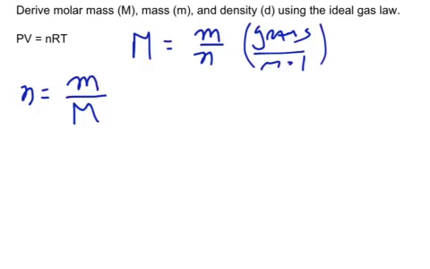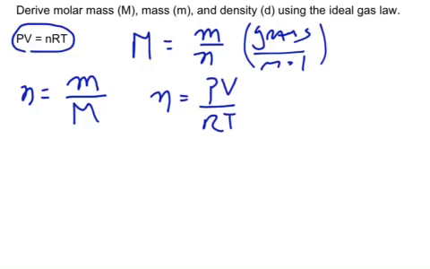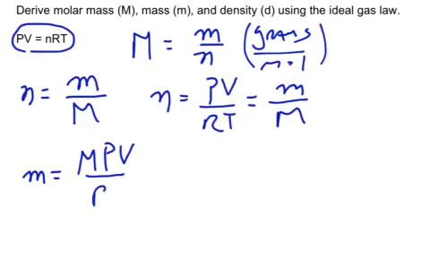So if we can rearrange our ideal gas law to say number of moles is equal to PV over RT, and we know that the number of moles is also equal to little m over big M, then we can rearrange that equation to say that mass, little m, is equal to molar mass, big M, times PV over RT.